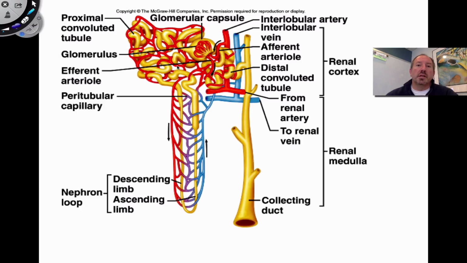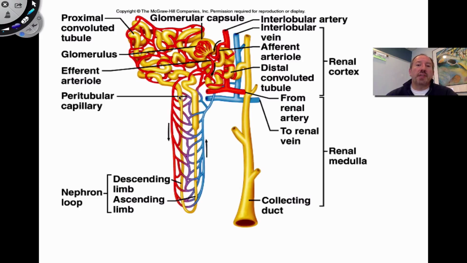It's proximal because it's closest to the renal corpuscle, which comprises the capsule and the glomerulus. Do you notice how it's convoluted? The convolution is really important because it allows for better reabsorption back into the bloodstream of things that the body doesn't want to get rid of, because filtration isn't such a clean process.